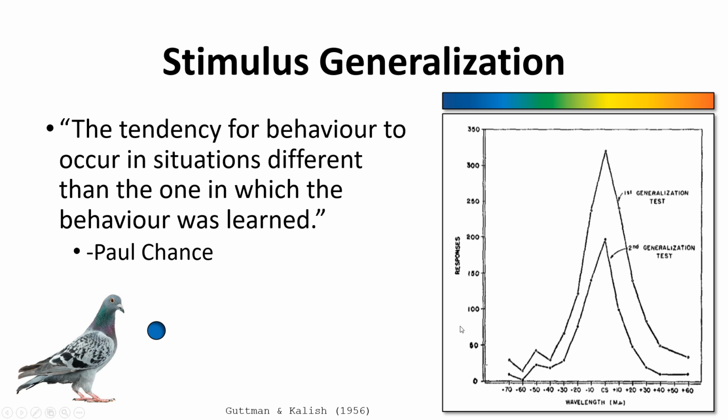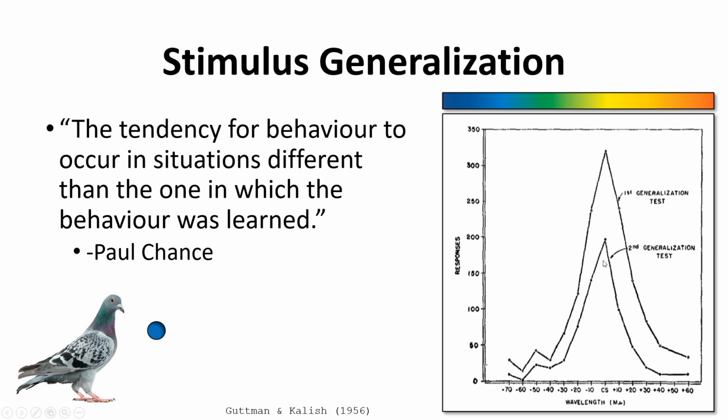In this experiment, they would be testing the next stage after the pigeons have been trained to recognize that particular frequency as a discriminative stimulus. They would then test them in an extinction phase where no matter what color light they see, they don't get food, because you don't want to teach them something new.